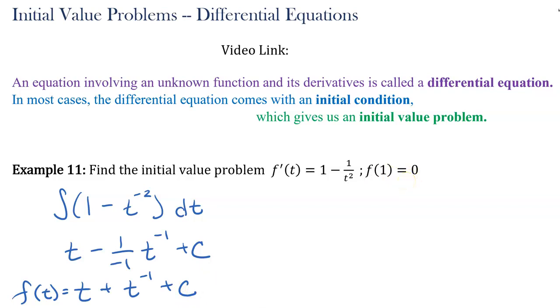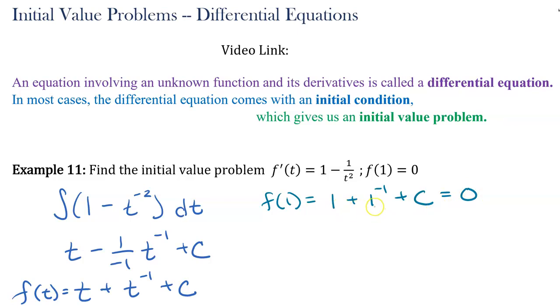So if f of 1, so f of 1 means that we would put 1 for all the t's, and we're going to equal 0, and we're going to solve for c.